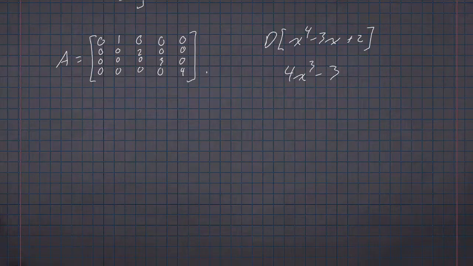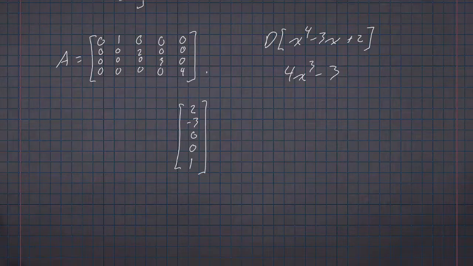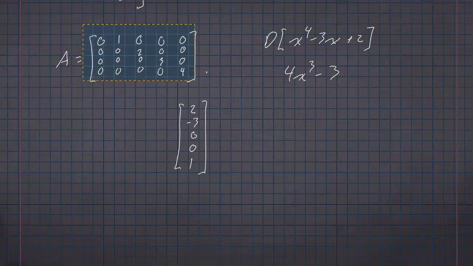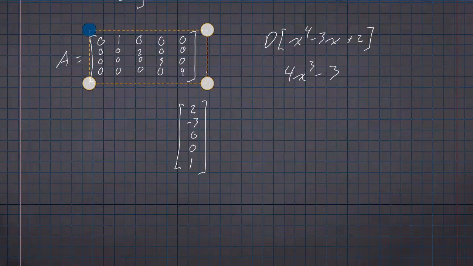But I could also take x to the fourth minus 3x plus 2 and turn that into the column vector, which is going to be 2, negative 3, 0x squared, 0x cubed, 1x to the fourth. And I can multiply that by matrix A here.